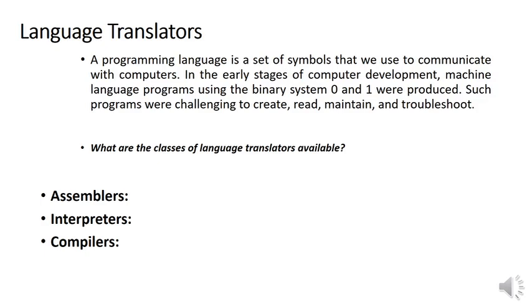It will receive a source code. It will read the entire source code. Then it will translate it. Then in the execution stage, it will execute it line by line.